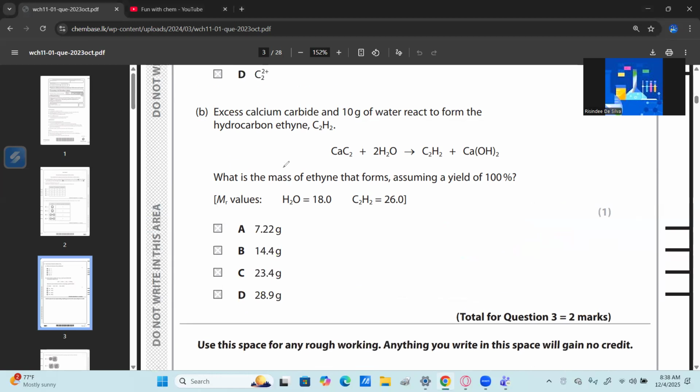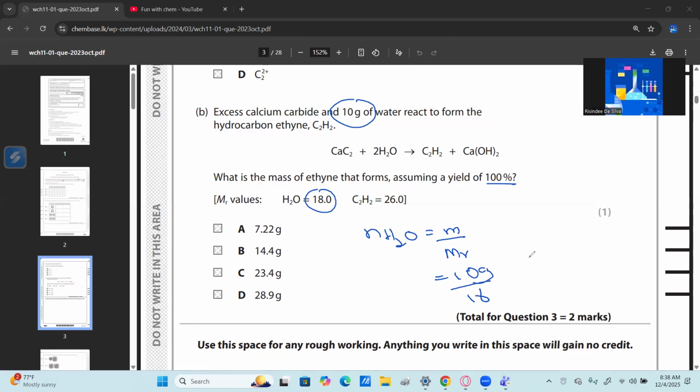Excess calcium carbide and 10 grams of water react to form the hydrocarbon ethyne. What is the mass of ethyne that forms, assuming a yield of 100%? Okay, so they have given the mass of water. So easily you can find the number of moles of water if you apply moles equals mass divided by Mr, that is 10 divided by 18.